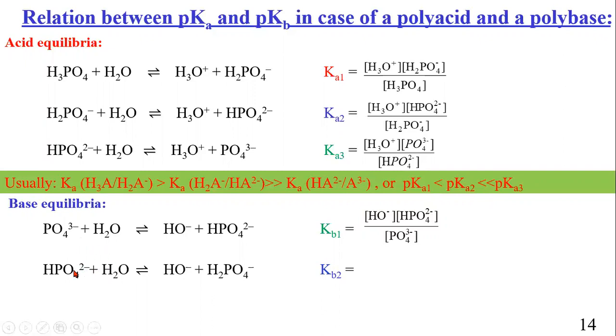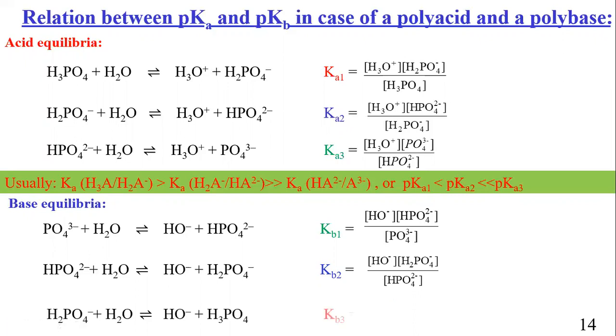Picking up another proton from water, water releasing OH minus into solution, and I now have this new species, H2PO4 minus. The equation is governed by a Kb2 because this is now the second basicity occurring, and the Kb2 is products divided by reactants for that equation. And we have a third equation.